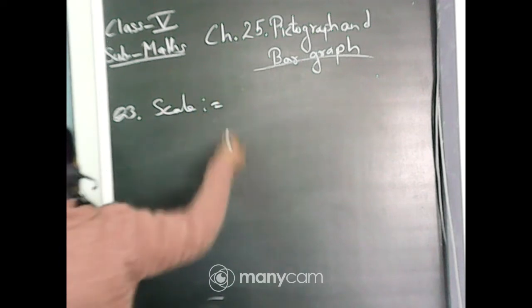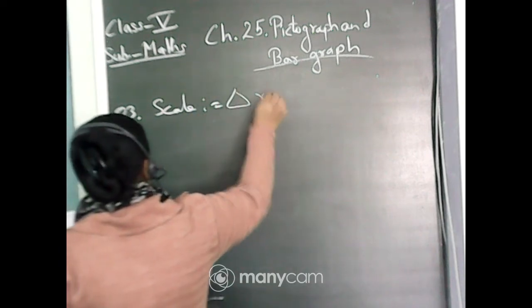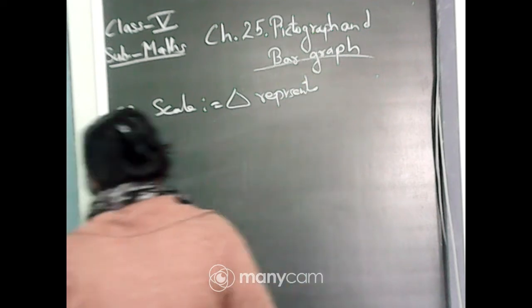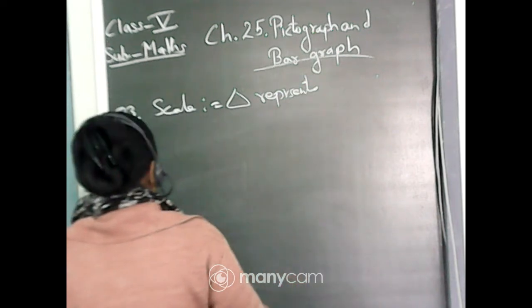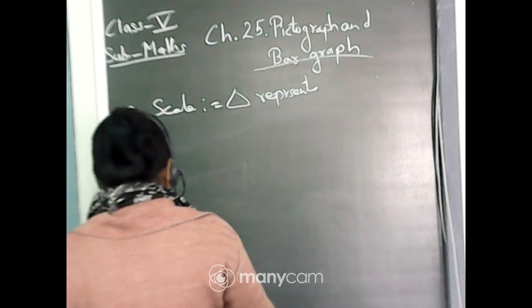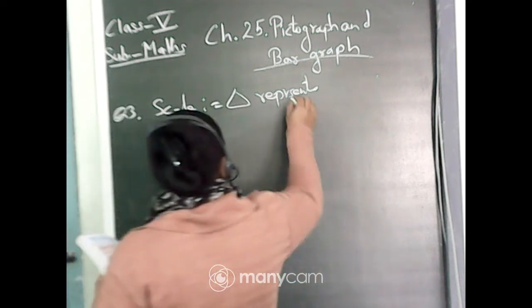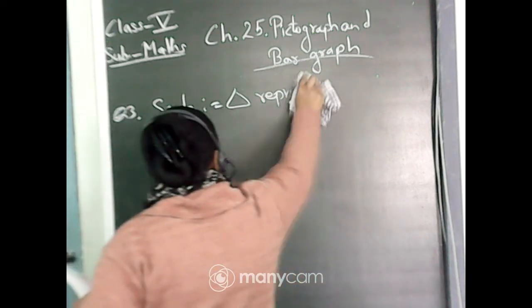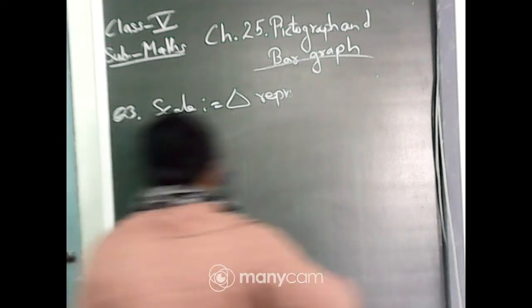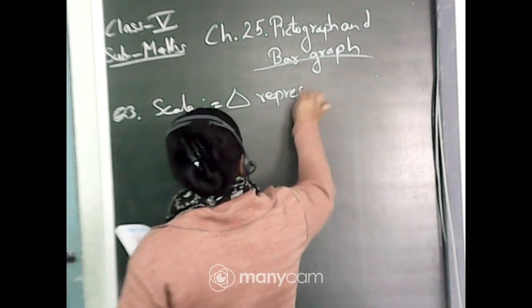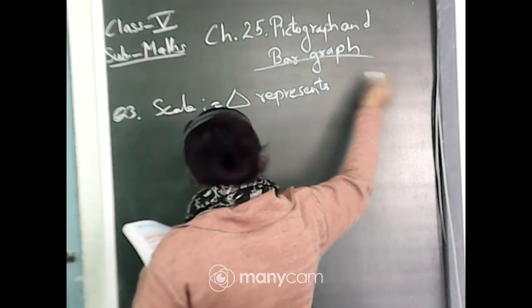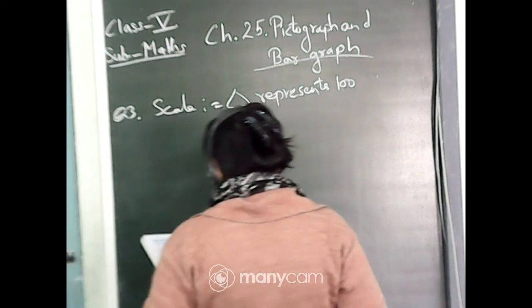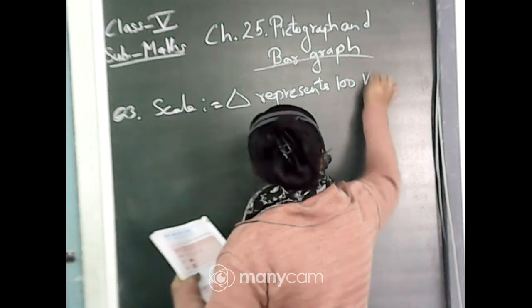Scale is equals to 1 triangle represents, the spelling is wrong, let me correct it, represents 100 vehicles.